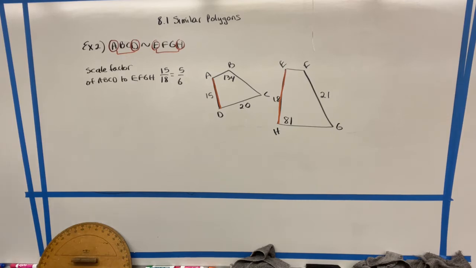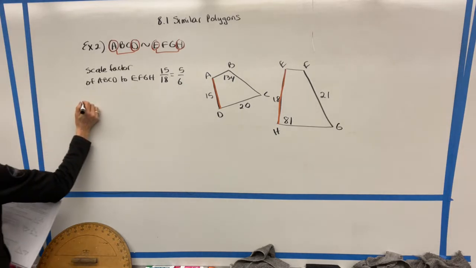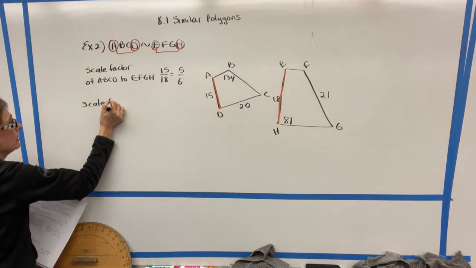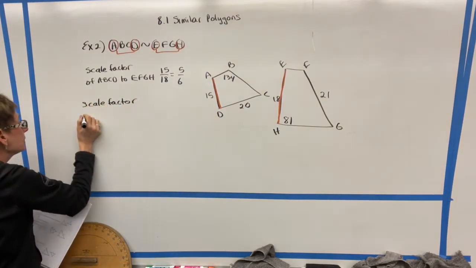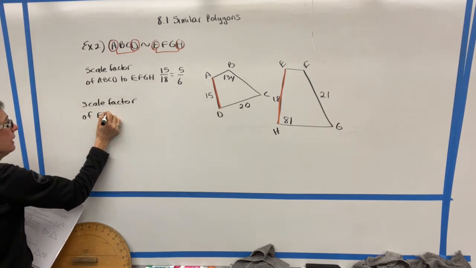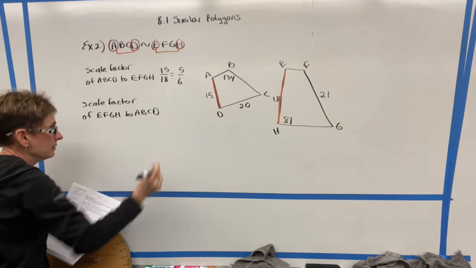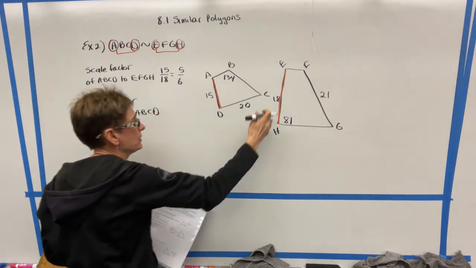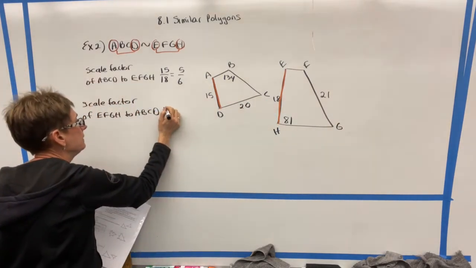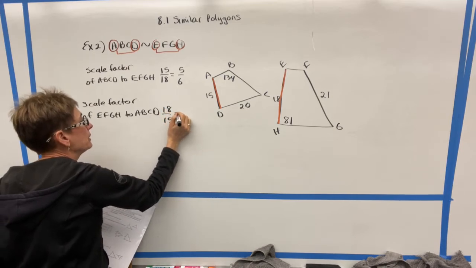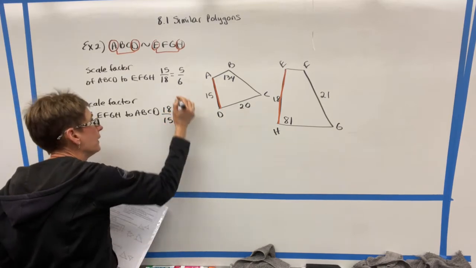Now, if we want to go the other direction and find the scale factor going from right to left, so in other words, of EFGH to ABCD, then we would go backwards. So 18/15, which when we reduce is just going to become 6/5.